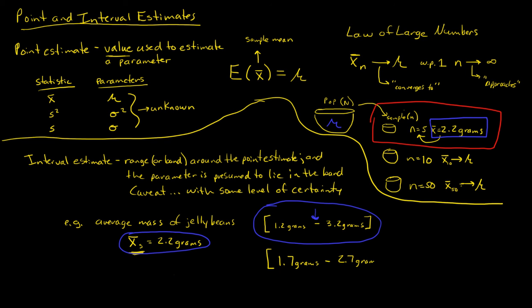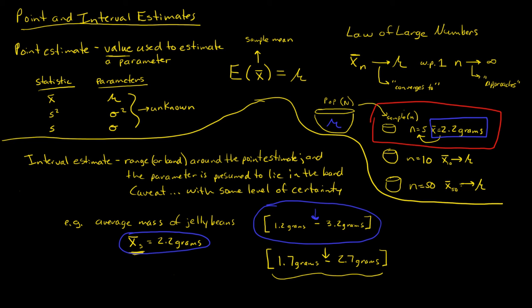You would say, even though I got the same middle point of 2.2 grams, the width of this interval is narrower, right? My point estimate was still the same, but my interval estimate has more precision to it. Why? Because my sample size went up.